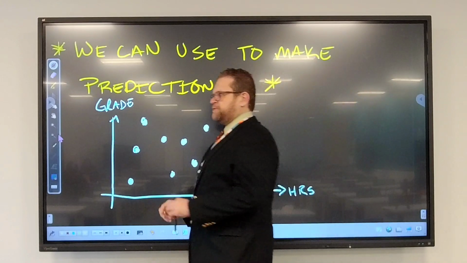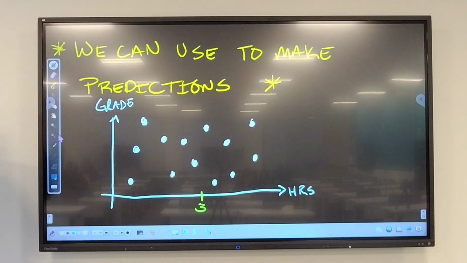And it's a perfectly fine predictor. Now, this is our y-axis, so the average I would call y bar, not x bar. Y bar, that's the average of the y values. It'd be the average grade. The best fit line will be called y hat.